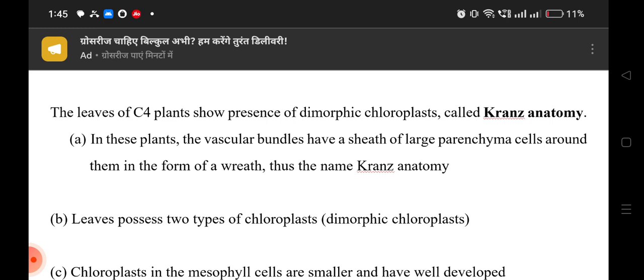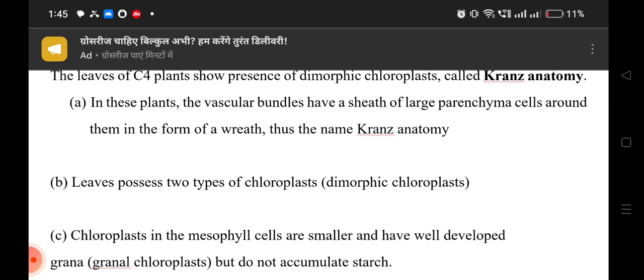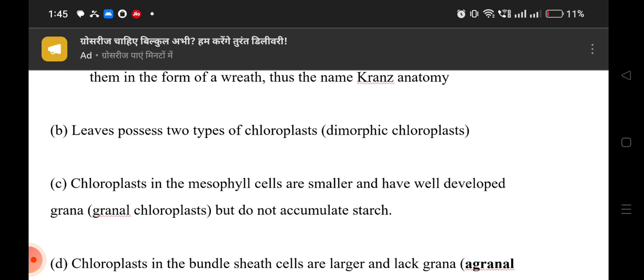This term is very important. In these plants, the vascular bundles have a sheath of large parenchyma cells which wrap around them, and it is called the Kranz anatomy.